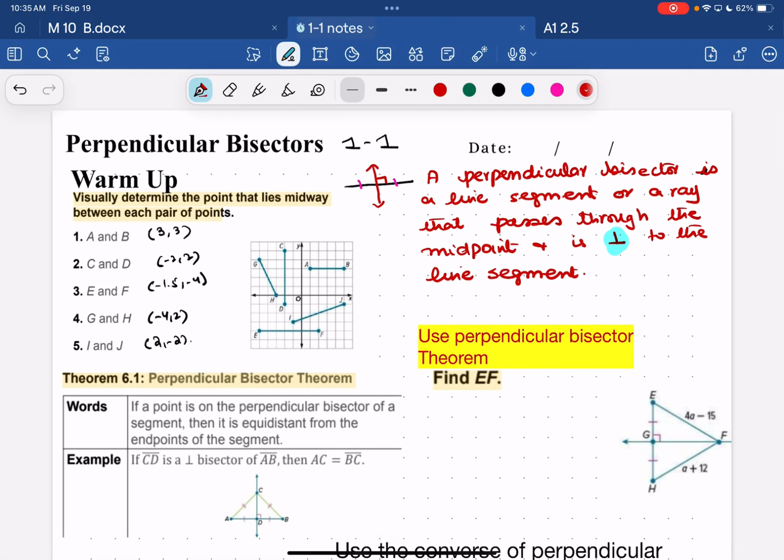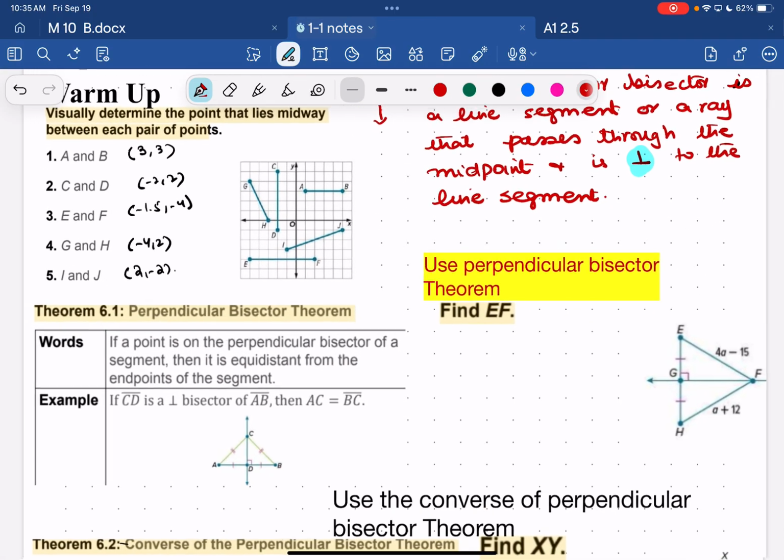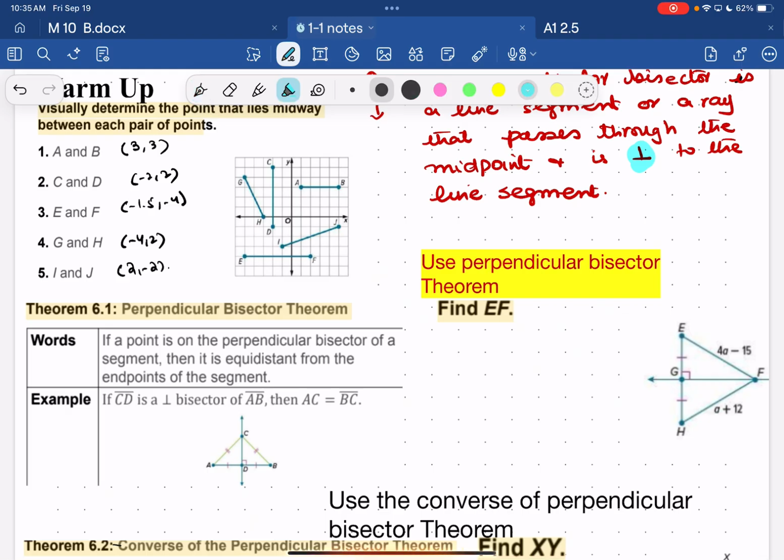Now, if you look at our first theorem, it says if a point is on the perpendicular bisector of a segment, then it is equidistant. Equidistant means distance is equal, or it is equally away from the endpoints of the segment.